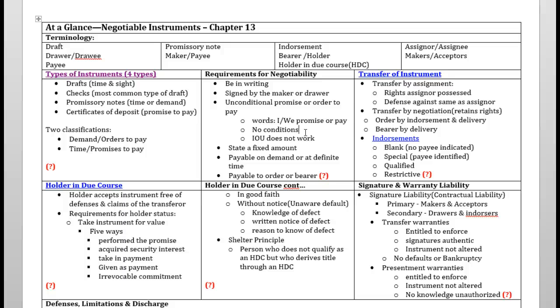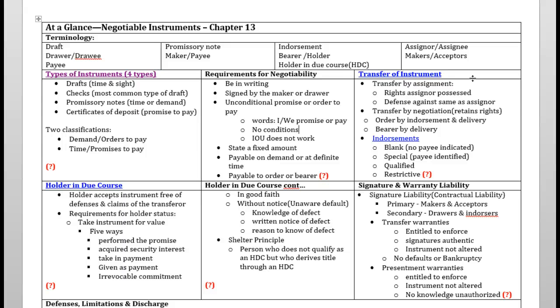If you go on, then you'll find you can transfer these instruments, and you can transfer by assignment, where the rights of the assigner get passed on to the assignee, and the defenses for the assignment are fairly close to what the assigner's was.